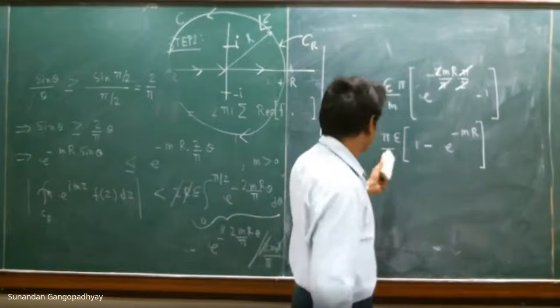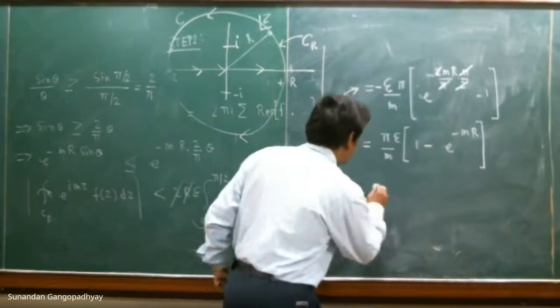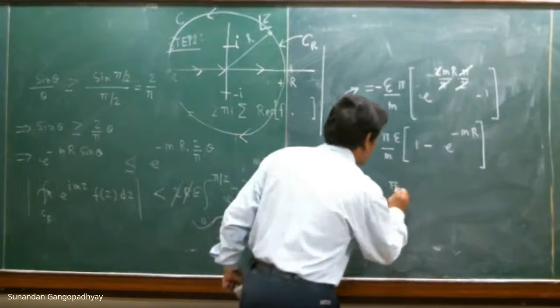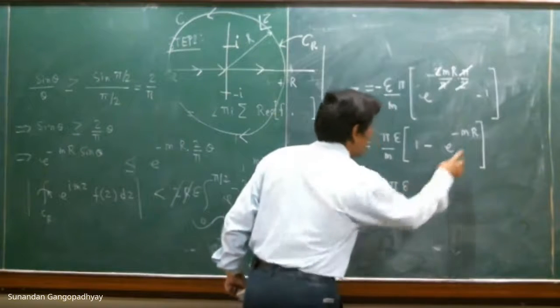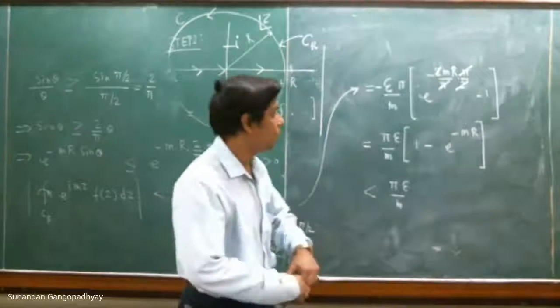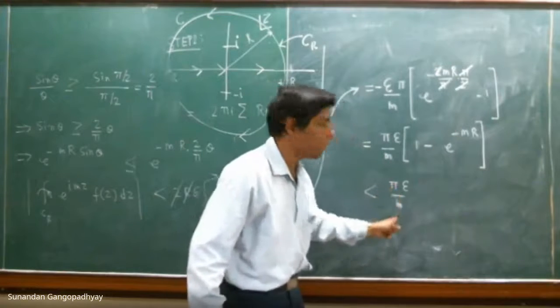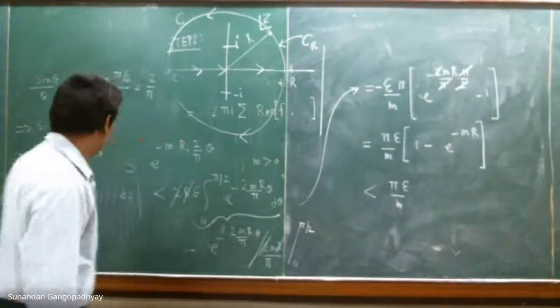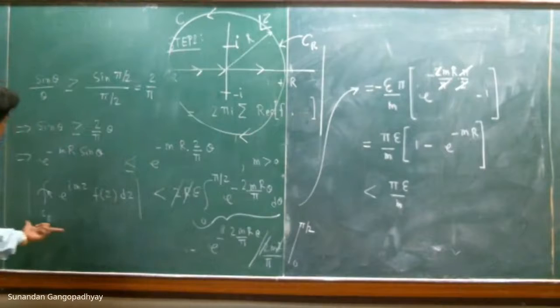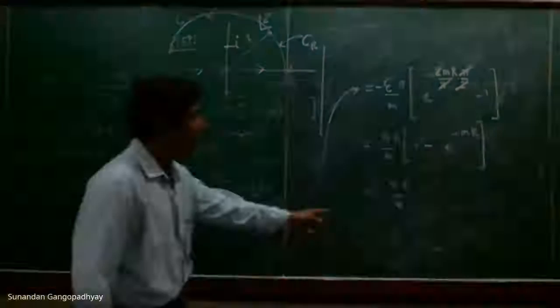So you can still write this as less than pi epsilon by m. Just forget about this part. If you forget about this part, then this quantity is further less than pi epsilon by m. And therefore we have shown that this modulus is less than pi epsilon by m.